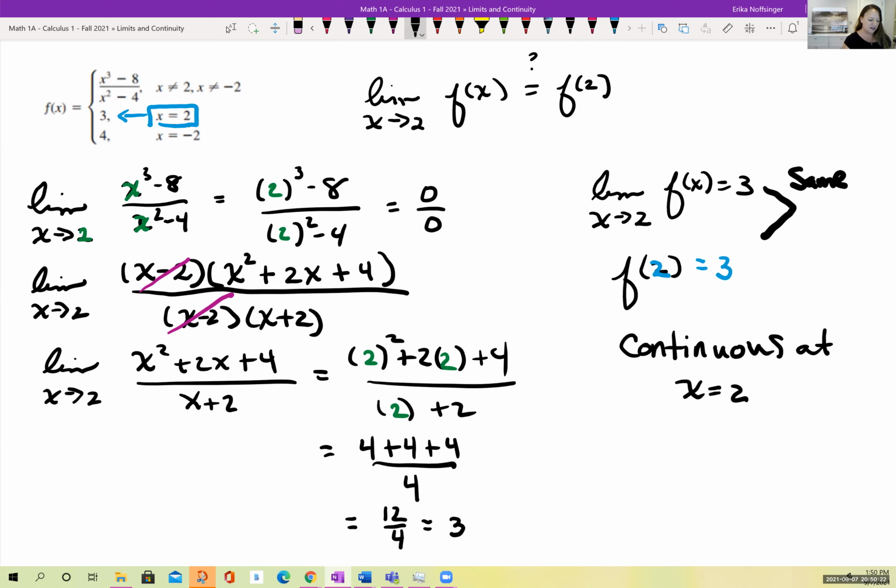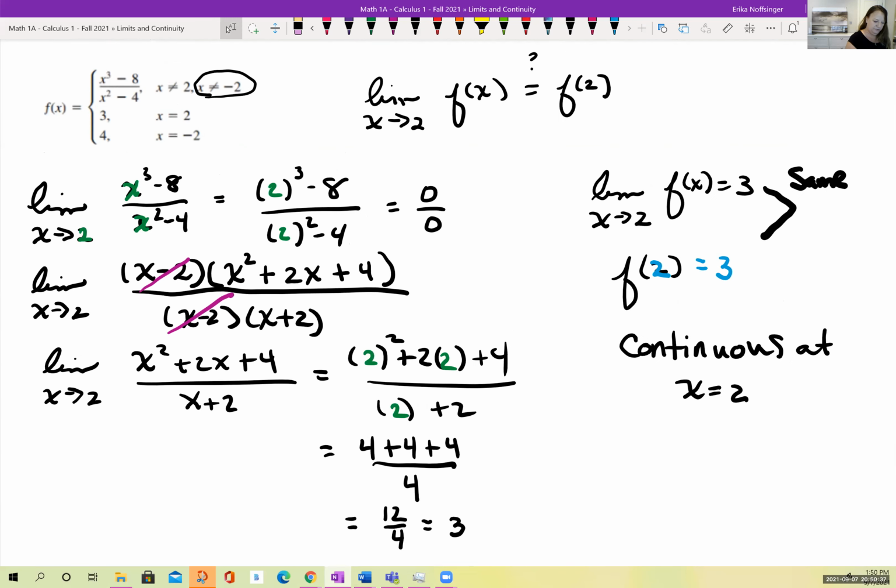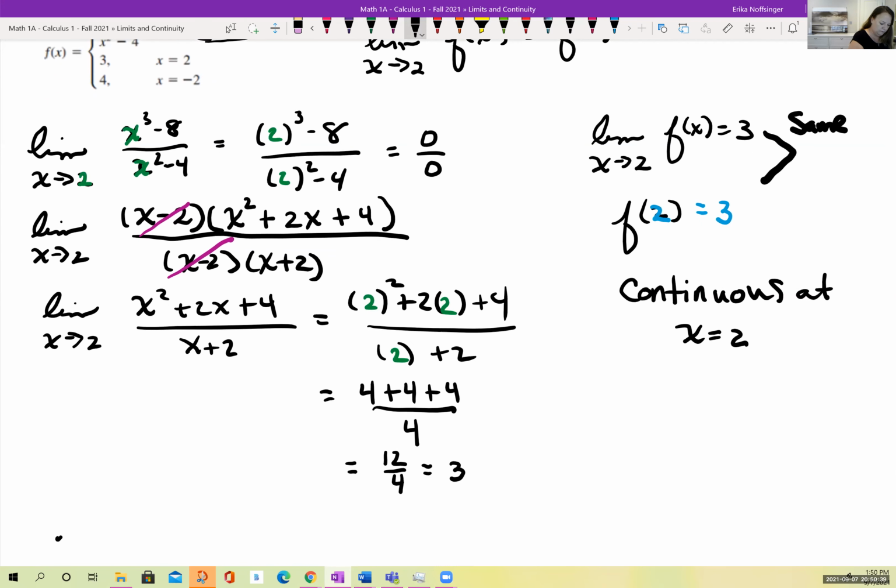So the only other limit that we're worried about is when x is -2. So let's look at the limit when x is -2. Same thing's going to happen. If you go in and do direct substitution, you plug in -2, you're going to get 0 over 0.